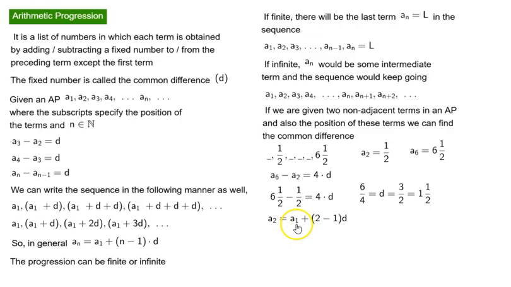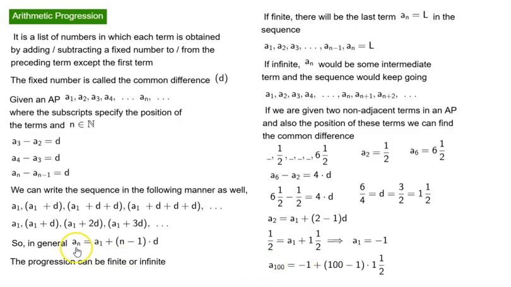So A2 is equal to A1 plus 2 minus 1 D. So A2 is half, equal to A1 plus 1.5. 2 minus 1 is 1, D is 1.5, which implies A sub 1 is equal to minus 1. So now we have found the first term.